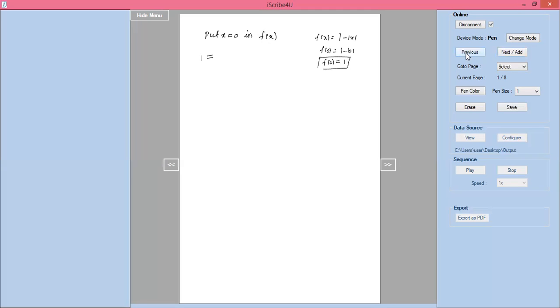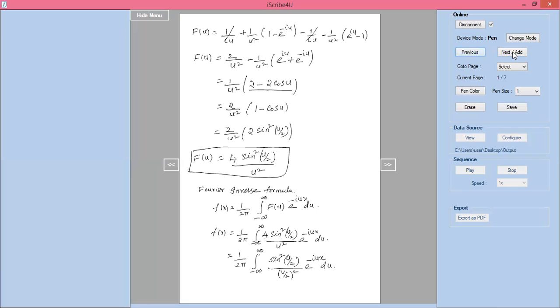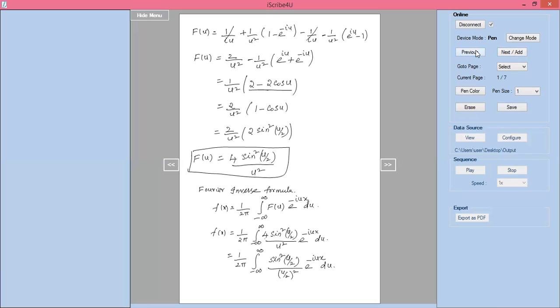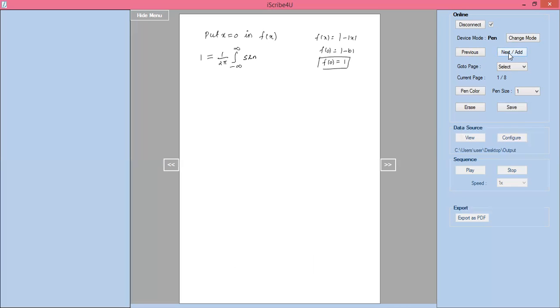Now the left hand side is 1, which equals 1 by 2 pi, the integration from minus infinity to plus infinity of sine square u by 2 divided by u by 2 whole square into e power 0 into du.